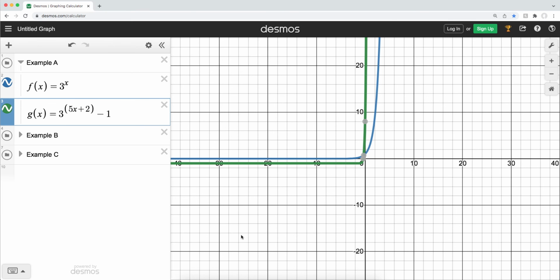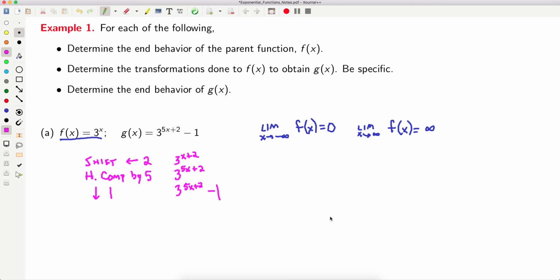So for g of x, the limit as x approaches negative infinity of g of x, going further to the left, is negative 1 because of that vertical shift.